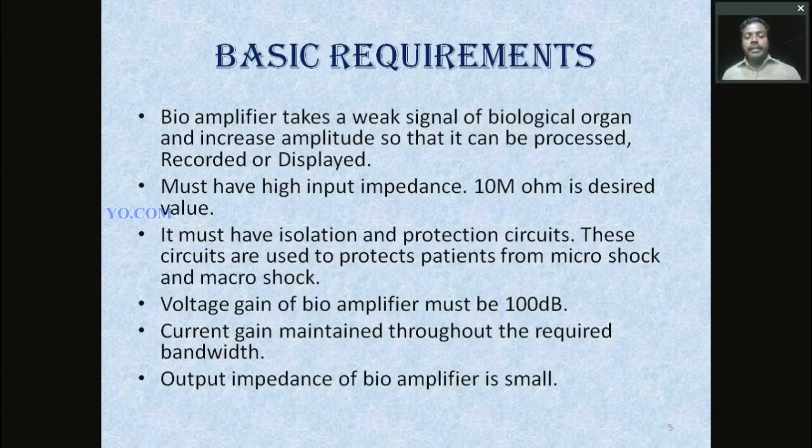Then the current gain is maintained throughout the recorded bandwidth. What is bandwidth? Bandwidth is the difference between the higher cutoff frequency and the lower cutoff frequency.